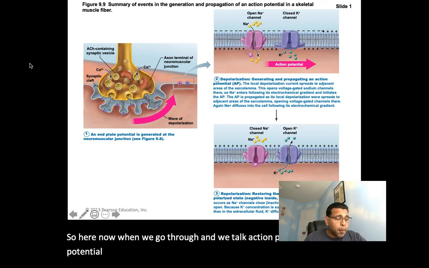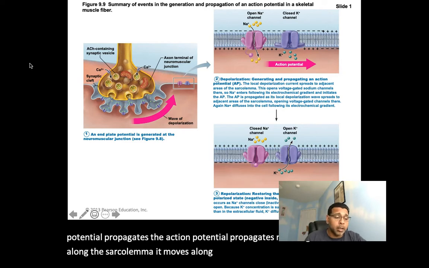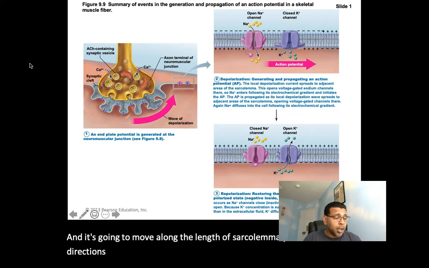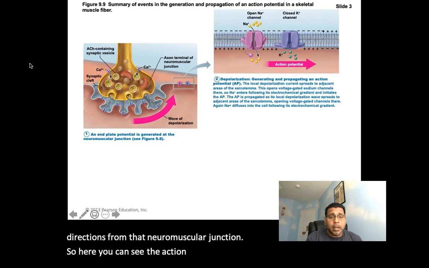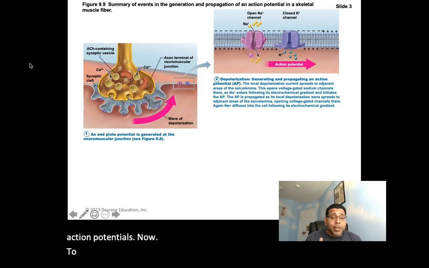So here now, when we talk action potentials, the action potential propagates, meaning it moves along the length of the sarcolemma, in all directions from that neuromuscular junction. So here you can see the action potential gets generated, allowing these action potentials to propagate in all directions from that neuromuscular junction.